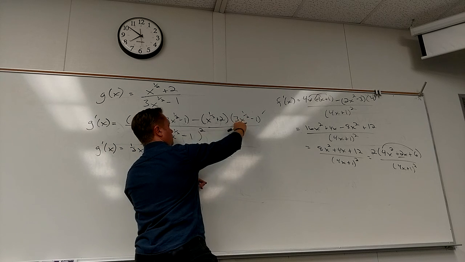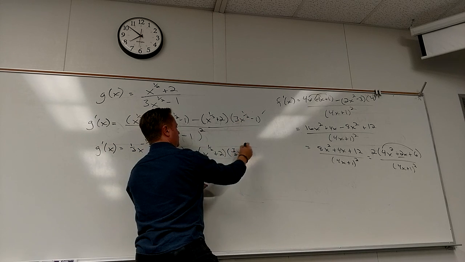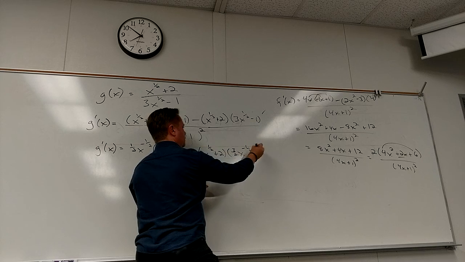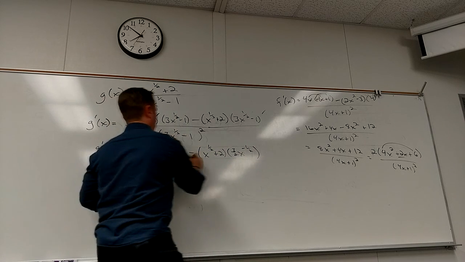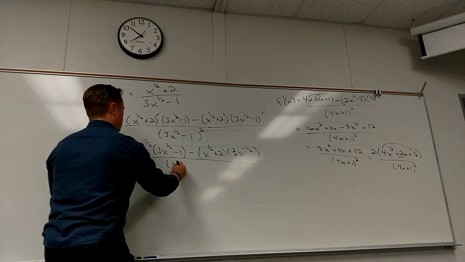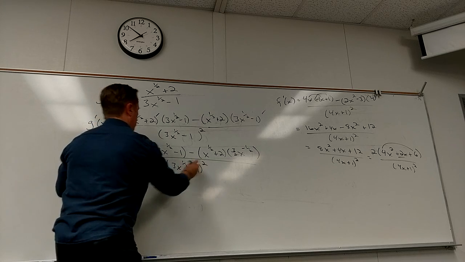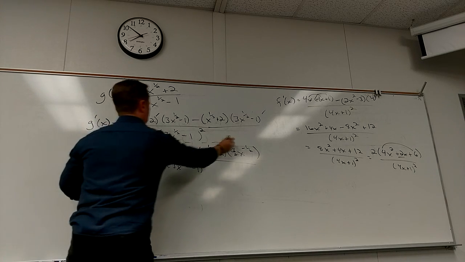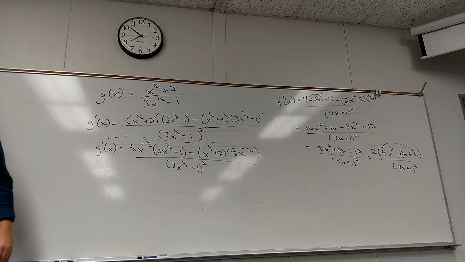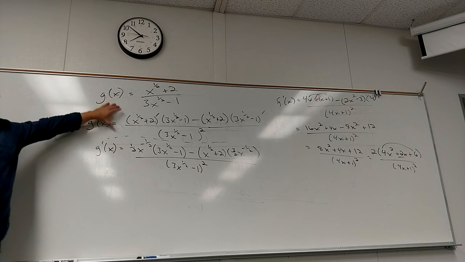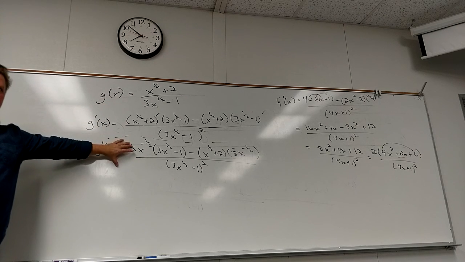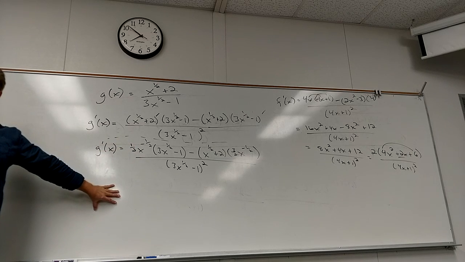It's going to be 3/2 x to the negative 1/2. Of course, the negative 1 goes away.